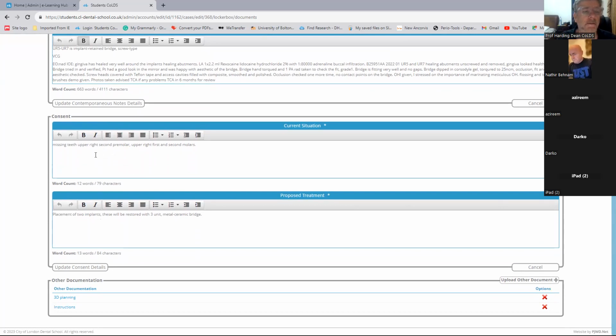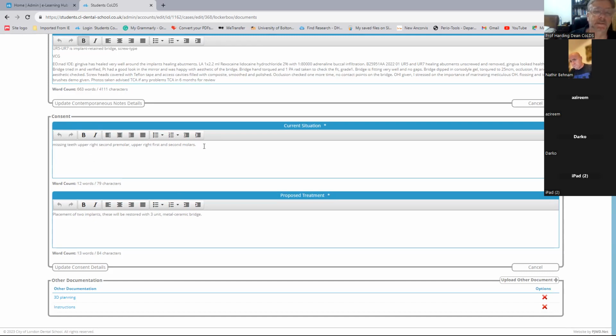And in a consent, the bit that you give to the patient, which is your presenting position, is basically what you've discovered when you've seen the patient, your examination, what your findings are. So missing upper right second premolar, upper right first molar, and second molars, right? So you've got missing there, but I'd like to see just a bit more information.